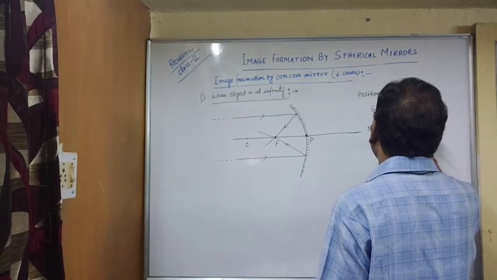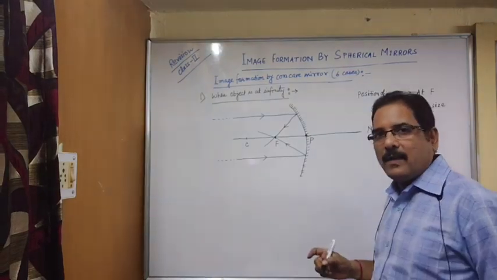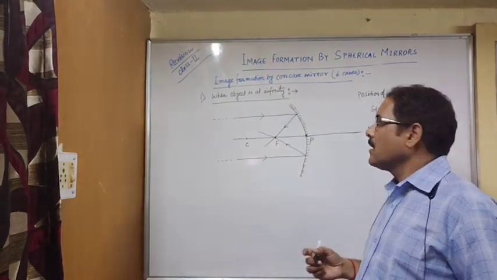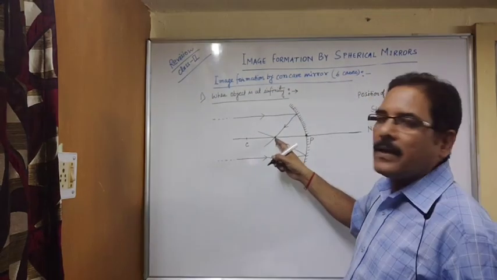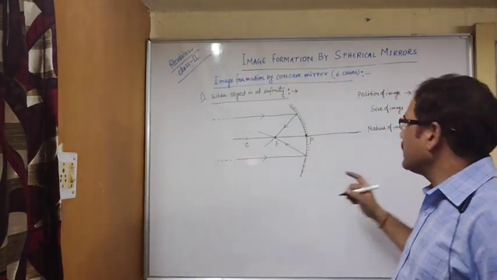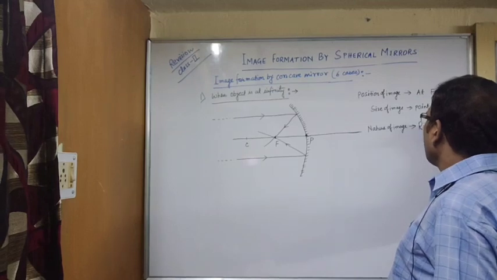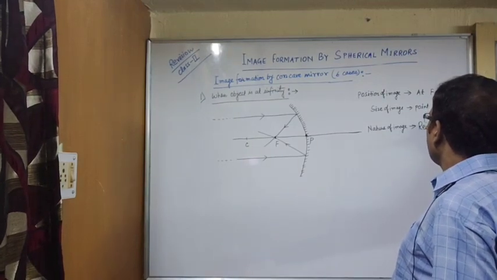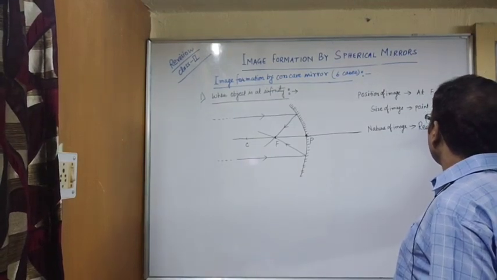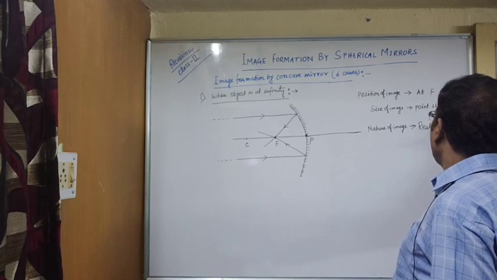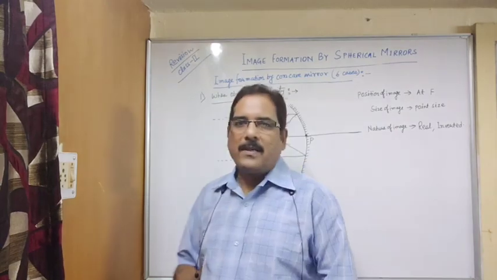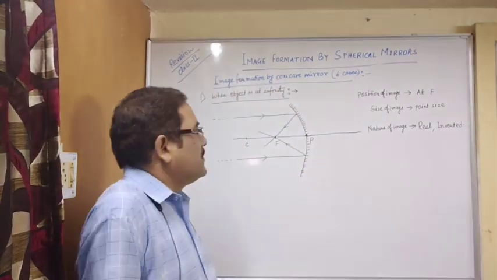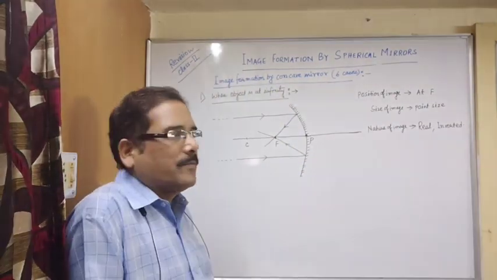Nature means whether it is real image or virtual image. So after reflection, the rays are actually meeting at a point, so a real image is formed, and real images are always inverted. So real and inverted. So this is the first case when object is at infinity.